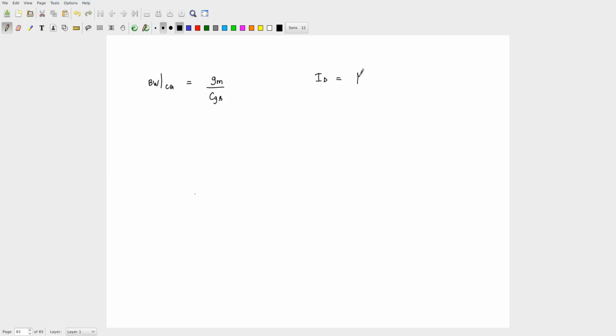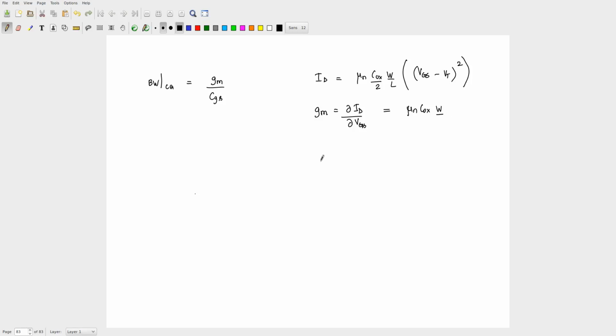ID was mu n Cox W by L into (VGS minus VT) whole squared divided by 2. Okay, what was the gm? dou ID by dou VGS. And what is this? mu n Cox W by L into (VGS minus VT).